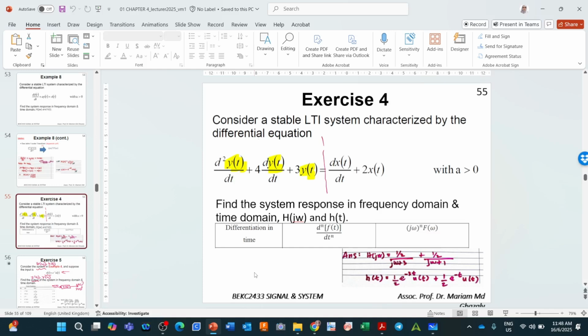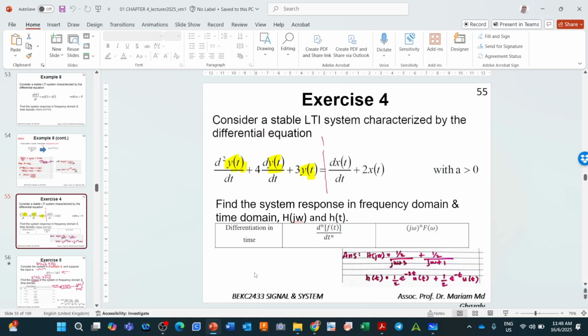Basically, this one will get something like this now. Y omega in bracket blah blah blah blah, and then you have X omega in bracket. Then you're going to write in terms of omega. Because we want it in terms of Y over X, this one break down, this one break down, and this one leave it. So you get Y omega.